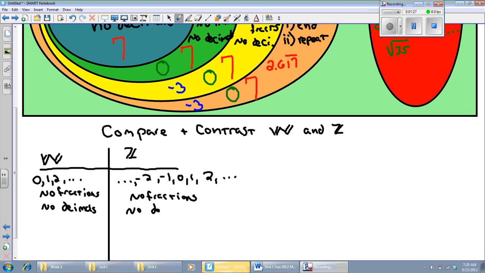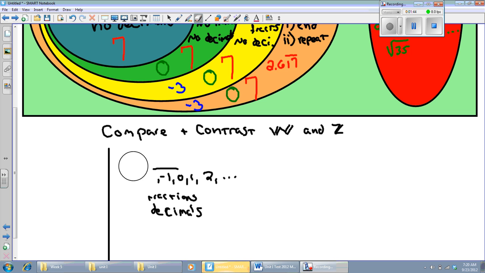No decimals. Well, this is wrong because it doesn't compare and contrast. All I did was define the whole numbers and the integers. Do not do this. You will not get credit for doing that.